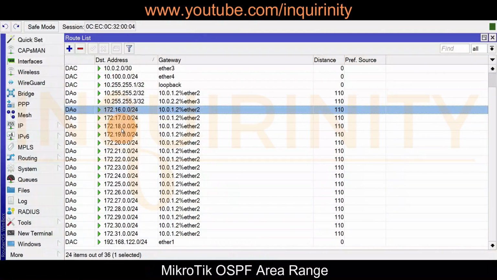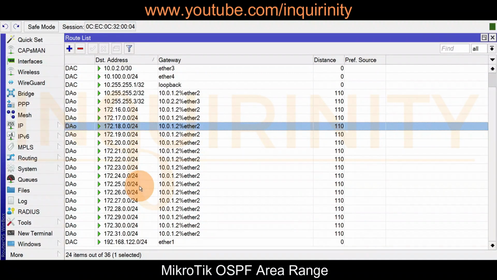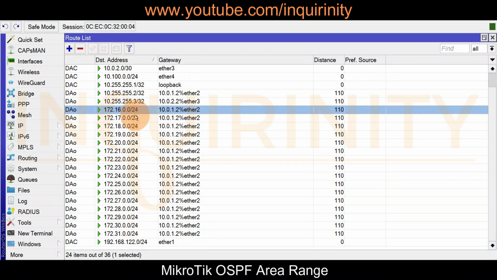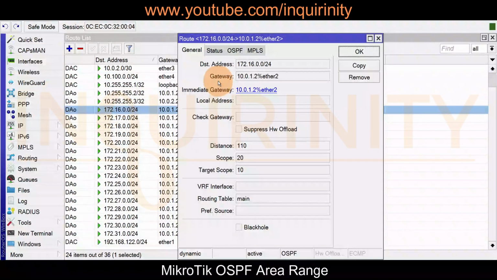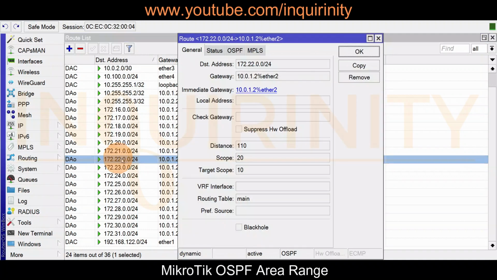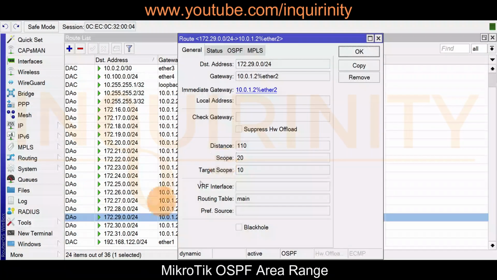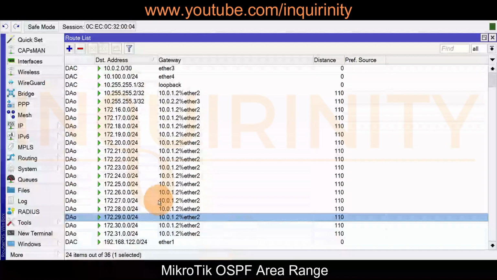But in the long run, this will not do well with our routers because each routing entry will consume resources. If you look at each of the destination addresses, for example 172.16.0.0, it goes to the same gateway, 10.0.1.2, as well as 172.17.0.0 and 172.31.0.0 going to 10.0.1.2.